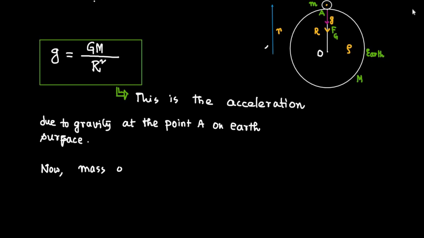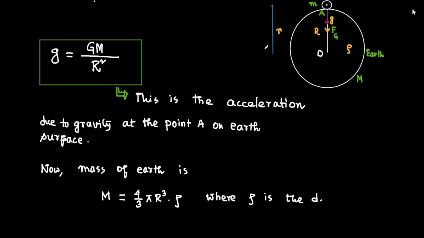Now, mass of Earth is given by capital M equals volume into density, 4 by 3 pi R cube dot rho, where rho is the density of Earth, which is uniform density.